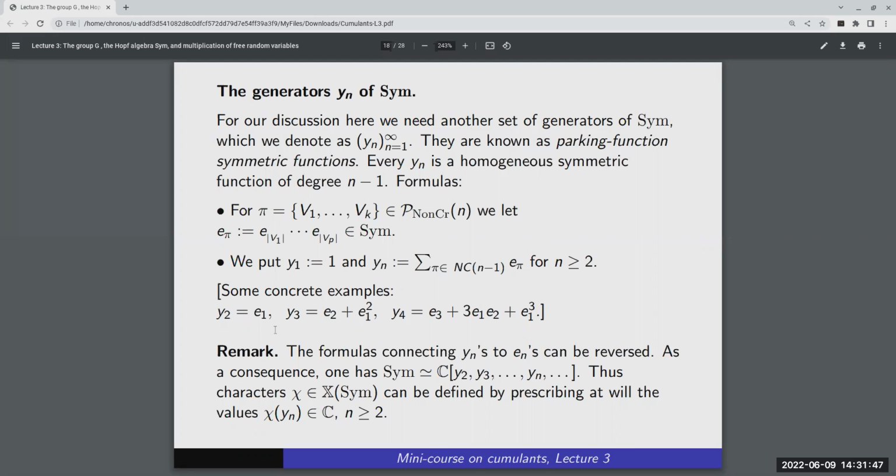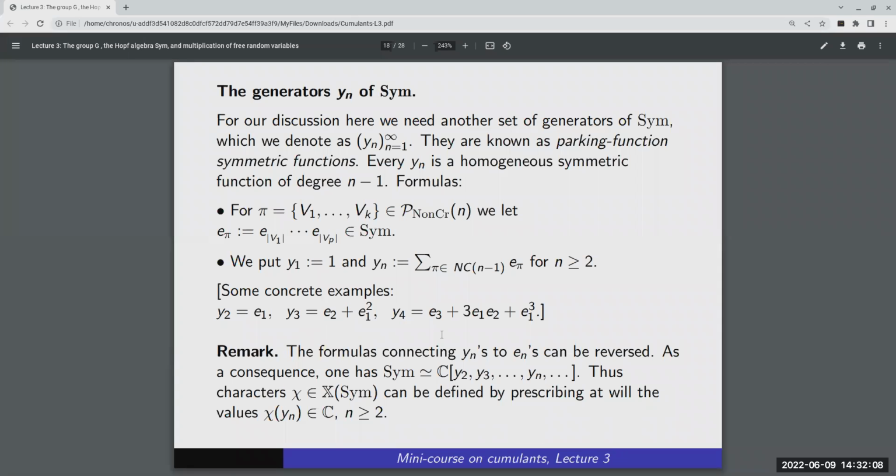And what do you see? For instance, in y3, you see a summation over non-crossing partitions of 2 points. E2 corresponds to the partition of 2 points which keeps the points together, and E1 square corresponds to the partition of 2 points which separates the points.